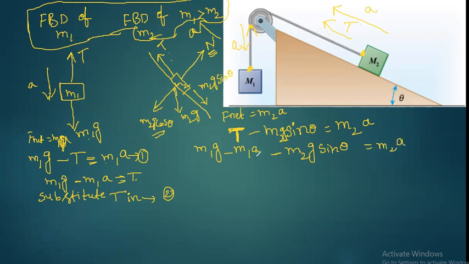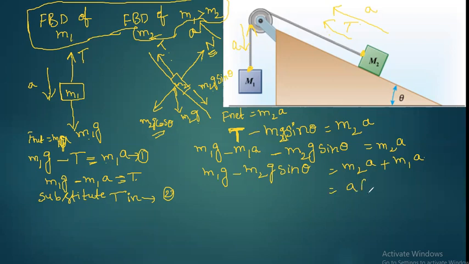Okay. Now what do we have to calculate? Acceleration we are calculating. Okay. So I am sending this M1a to that side. M1g minus M2g sin theta is equal to M2a plus M1a, because I will need a, no?